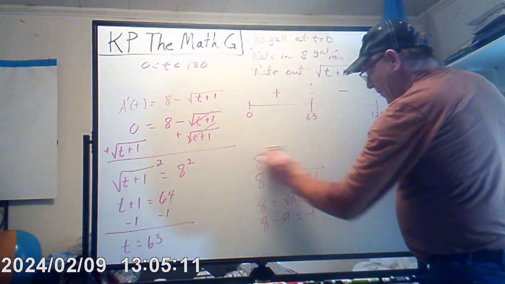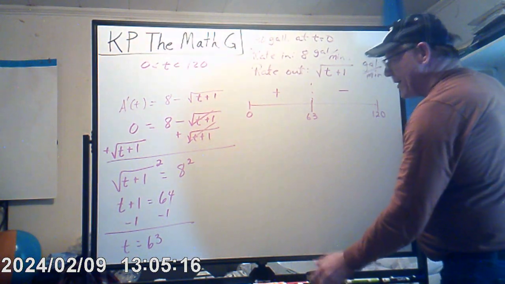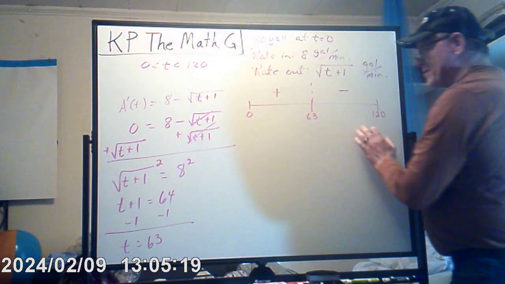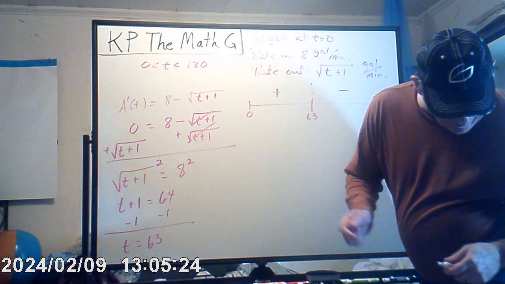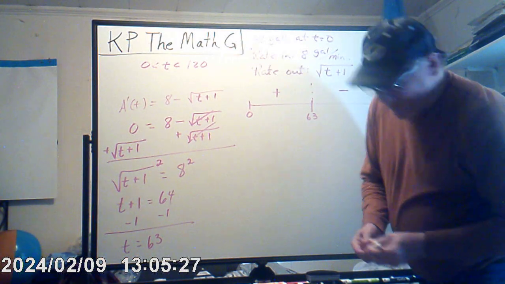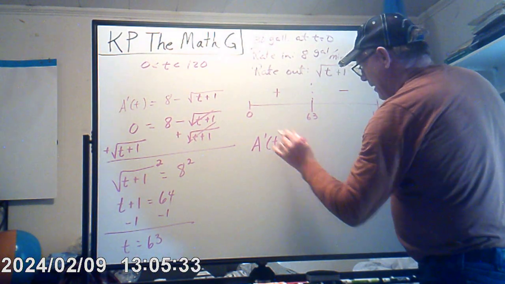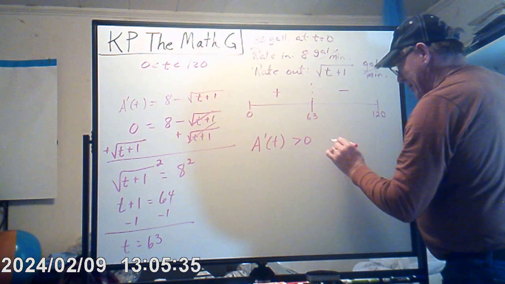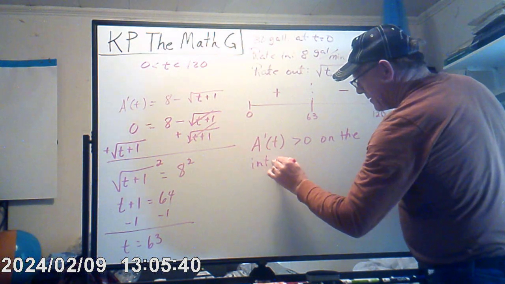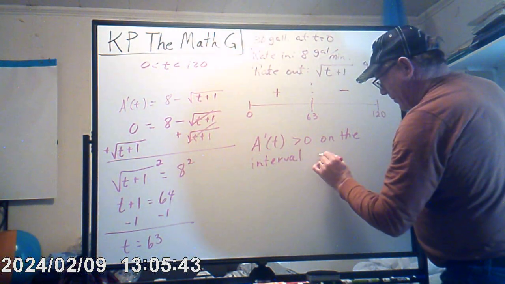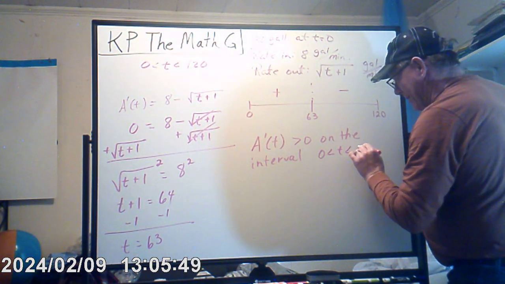All right. So then, here is our conclusion. I don't think that just having this up here is going to suffice. You're going to need to say a little bit more. So what we're saying here is A prime at t is greater than 0 on the interval 0 < t < 63.